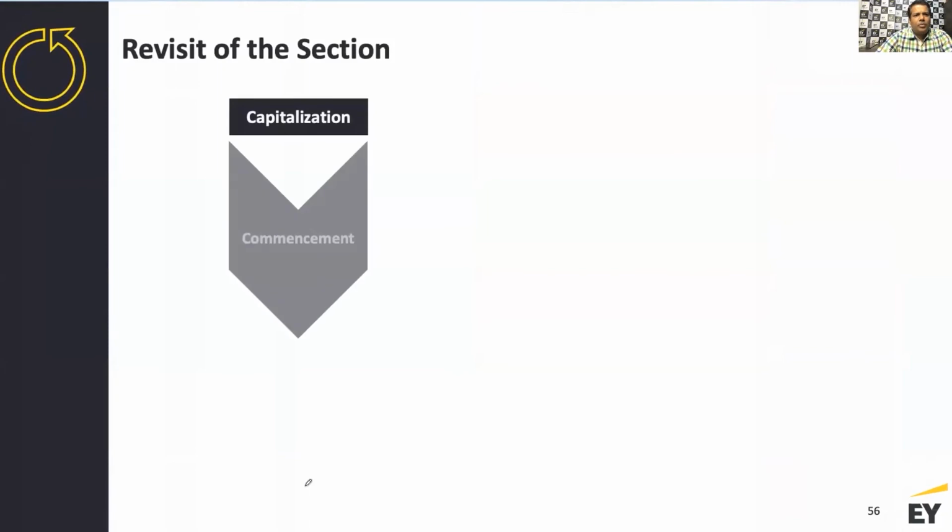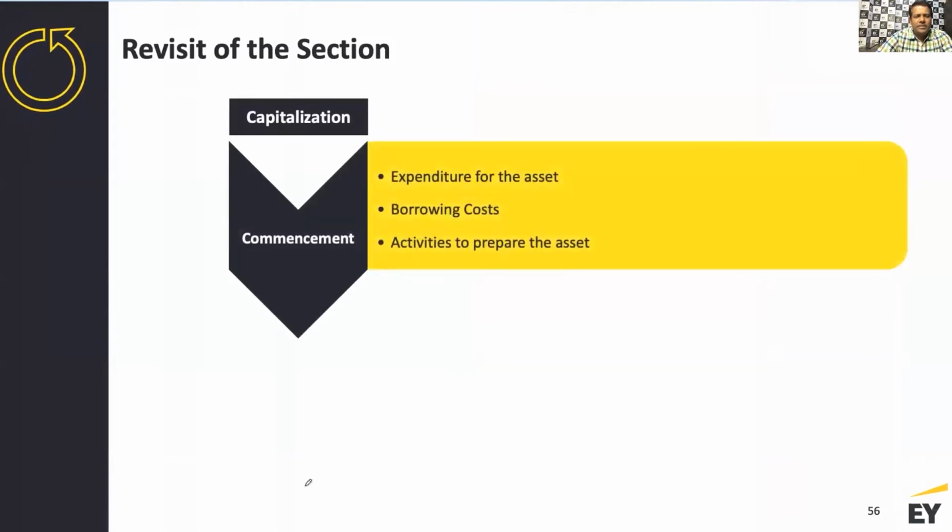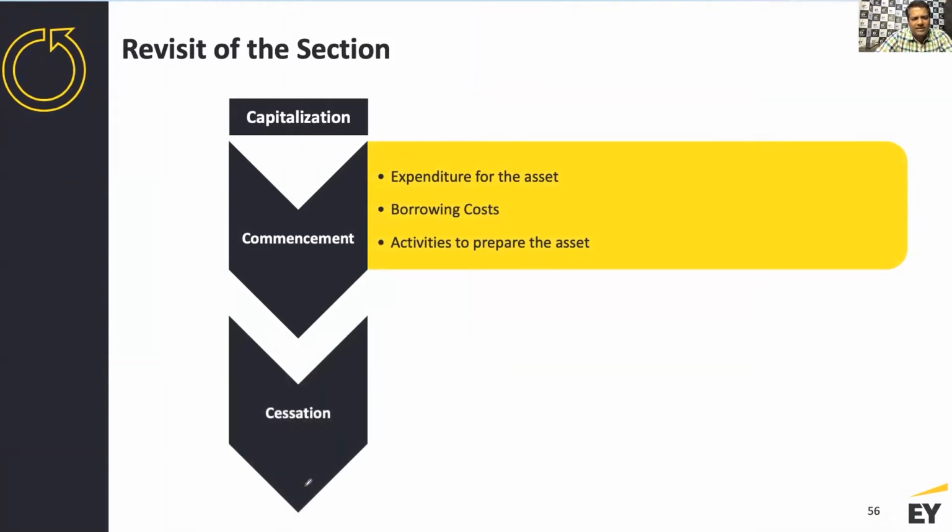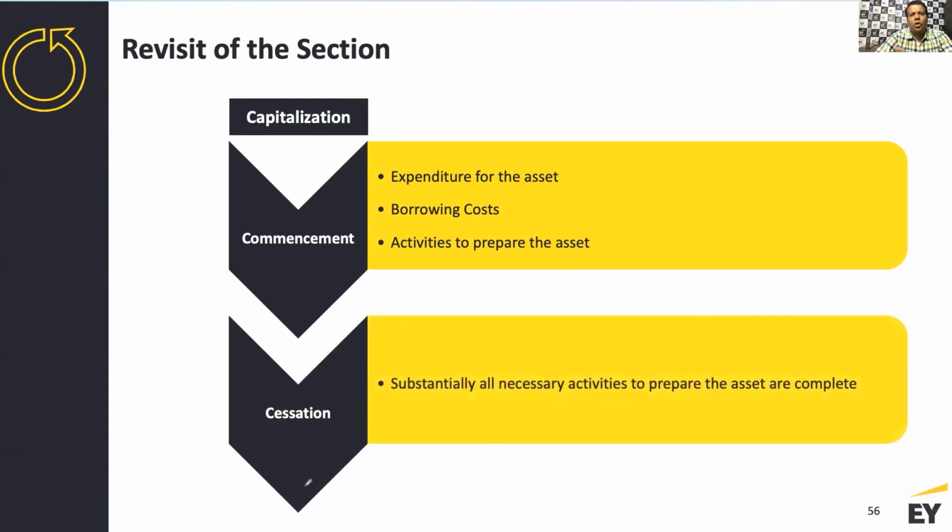So to recap what we've talked about, the commencement of the capitalization is when expenditure for the asset has been incurred, the borrowing cost has been incurred, and the activities to prepare the asset have already commenced. You stop capitalization of the interest cost when substantially all necessary activities to prepare the asset are complete.